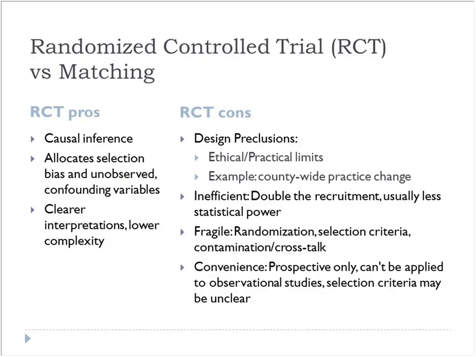Okay, so getting back to randomized controlled trials, there are many pros. One, the biggie, is that we can actually do causal inference using them. Without randomization isolating that one characteristic of the intervention, we can't say for sure the cause of any effects that we see.